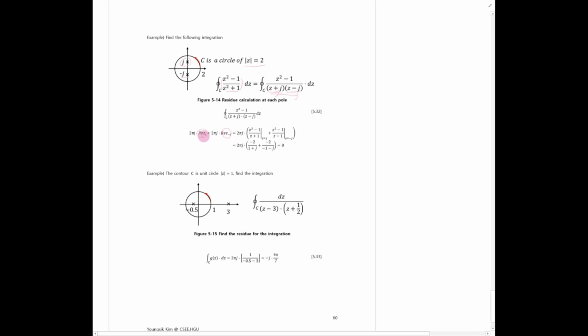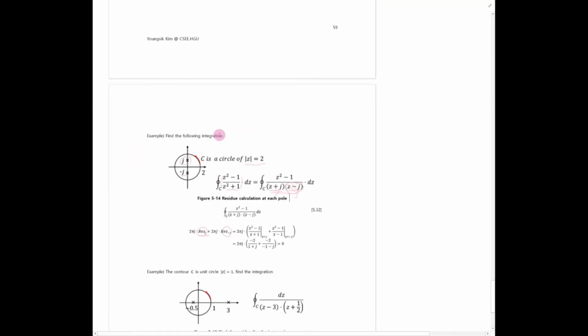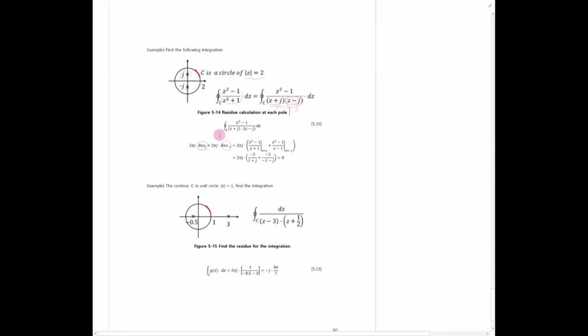The residue at j can be found by multiplying these terms, so this one will disappear, and we insert j here. Then that gives j plus 1 over minus 1 and minus 1. That gives this residue. And what about the residue at minus j?